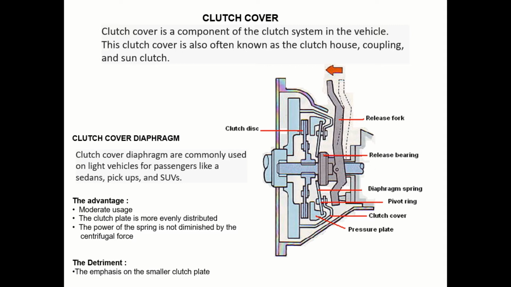The advantages are moderate usage, the clutch plate pressure is more evenly distributed, and the power of the spring is not diminished by centrifugal force. The detriment is the emphasis on the smaller clutch.